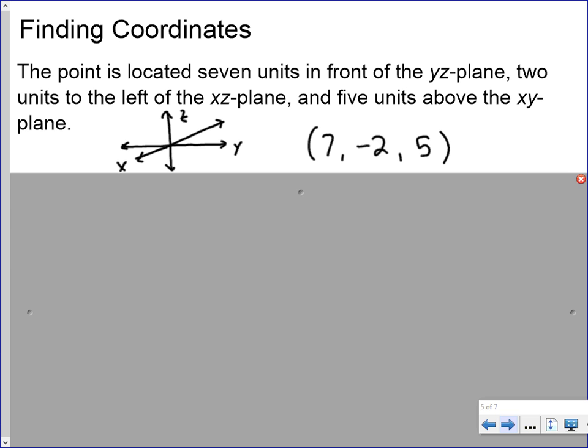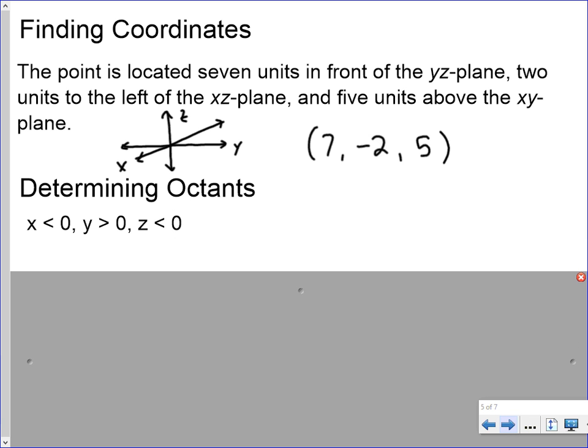Okay. Another thing you can use information for is, can you tell me what octant the point would have to be in if I know these things about my ordered triple? So I know that x is less than 0. I know that y is greater than 0.